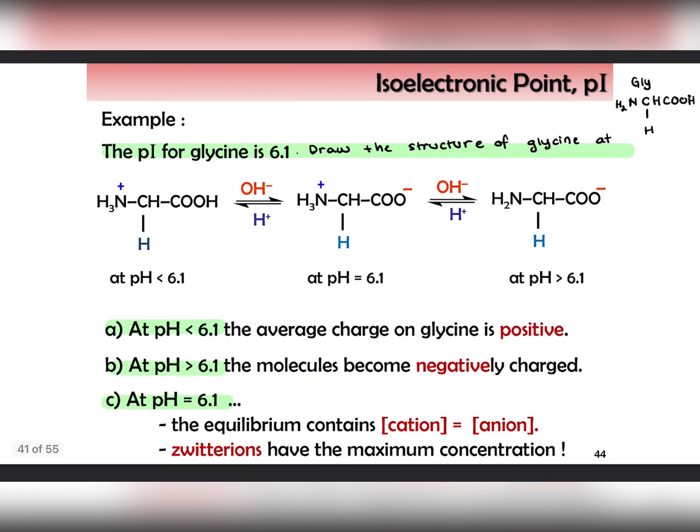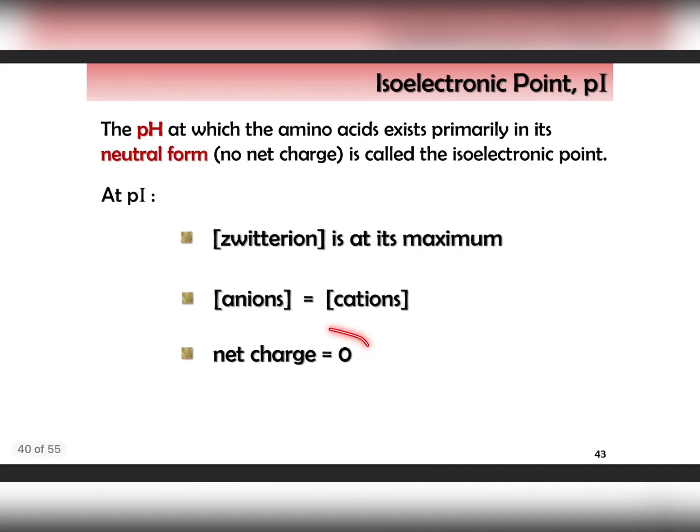Okay, so let's have a look at this example. Normally the question will be given in this form. Let's say the PI of glycine is 6.1. That means at pH 6.1, glycine exists with the maximum amount of zwitterion, the concentration of cation is equal to the concentration of anion, in other words there is no net charge.